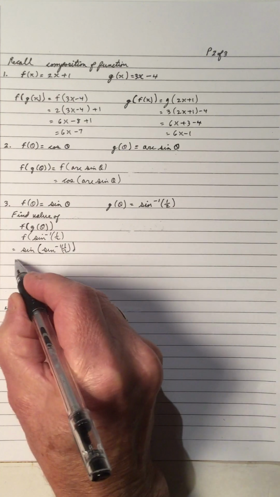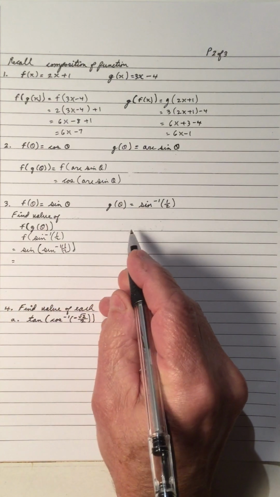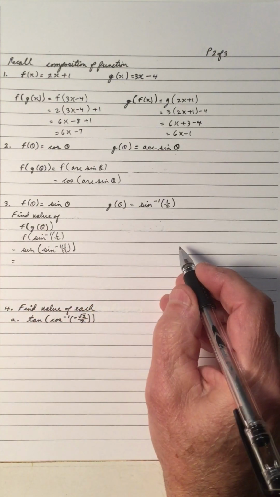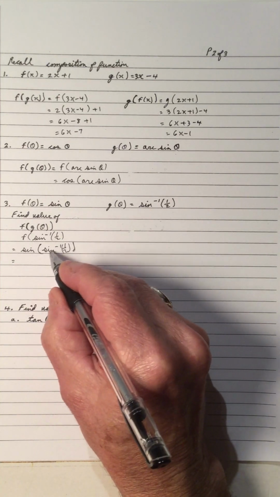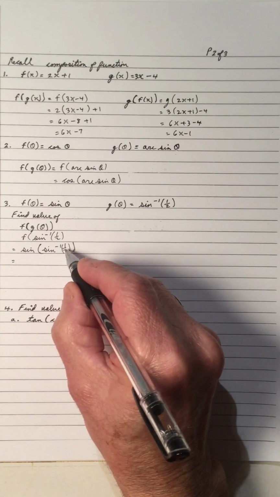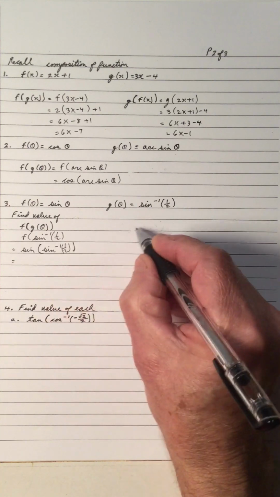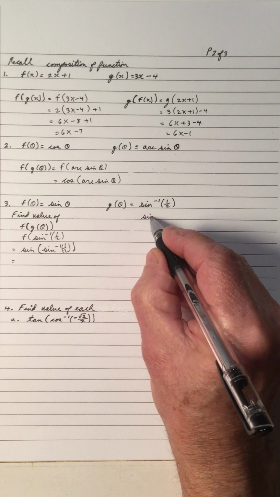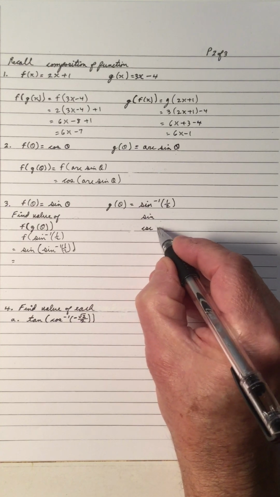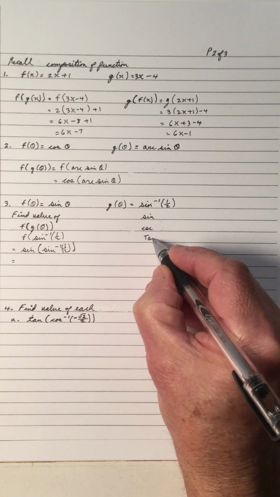So there again, composition. But we want to find the value of that. To find the value, I'm looking at the arc sine of 1/2. We discussed arc sine in the previous video. Sine, cosecant, and tan all go together.